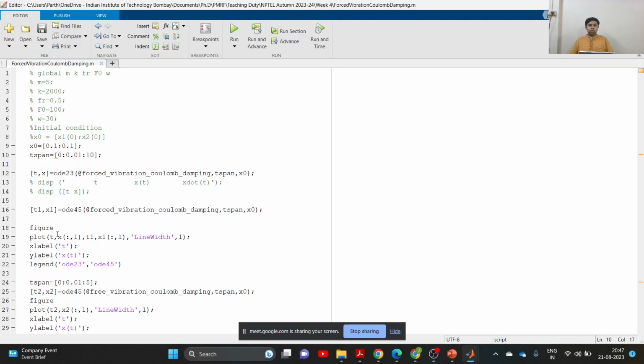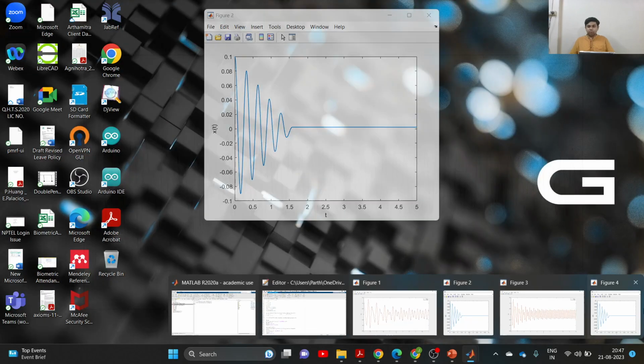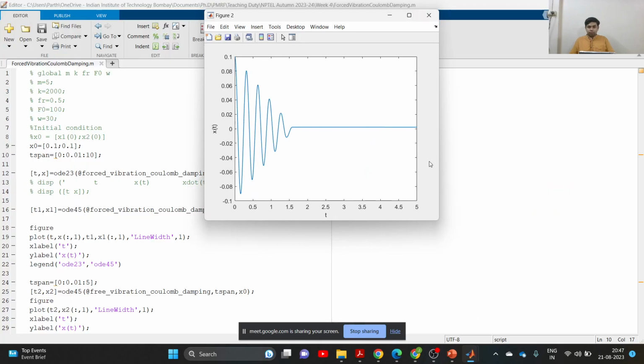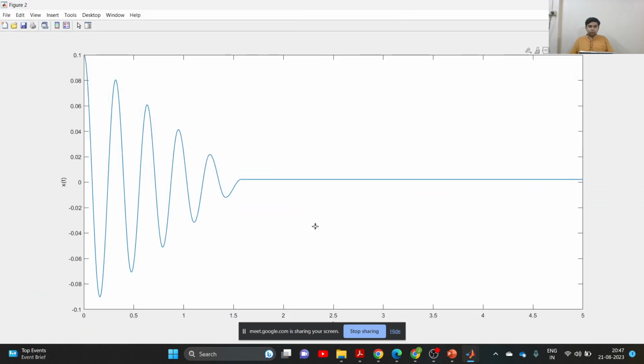Now if we want to look at the free vibrations, let us look at the second figure over here. We can see that the amplitude is varying linearly.